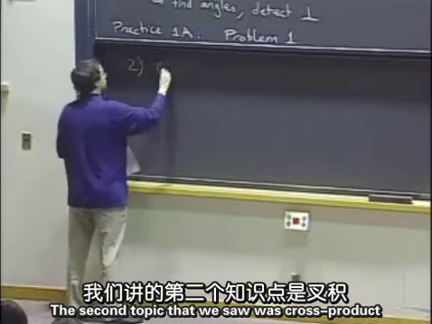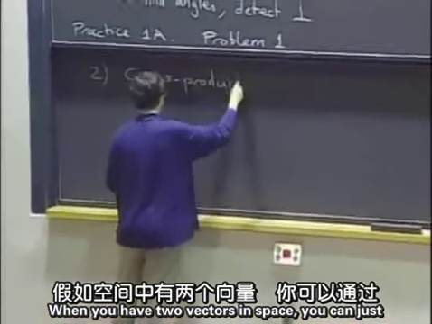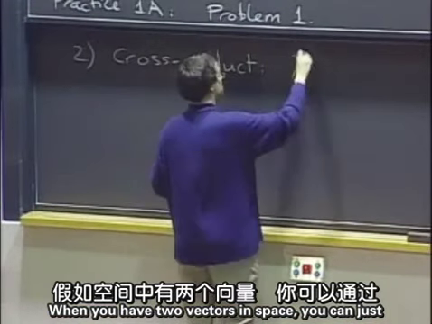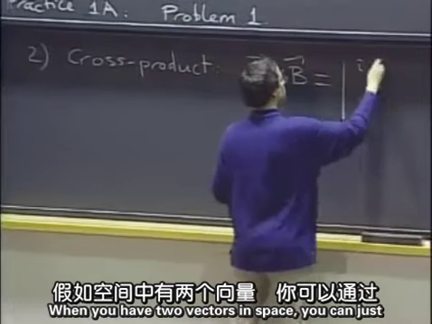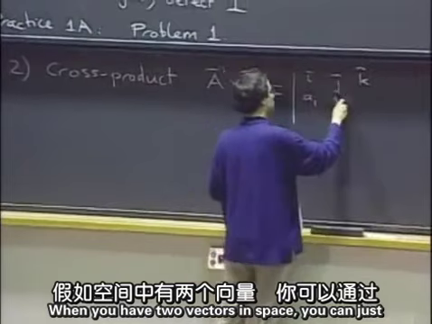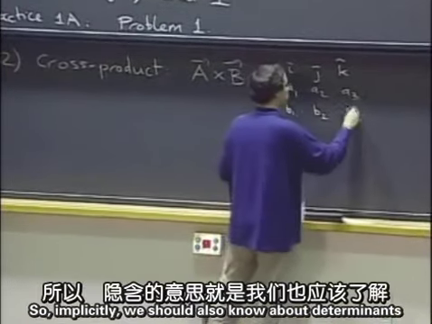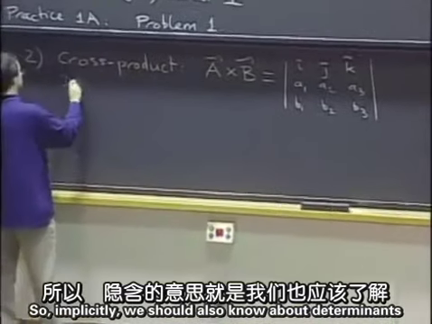So the second topic that we saw was cross product. When you have two vectors in space, you can form their cross product by computing this determinant. So implicitly, we should also know about determinants.